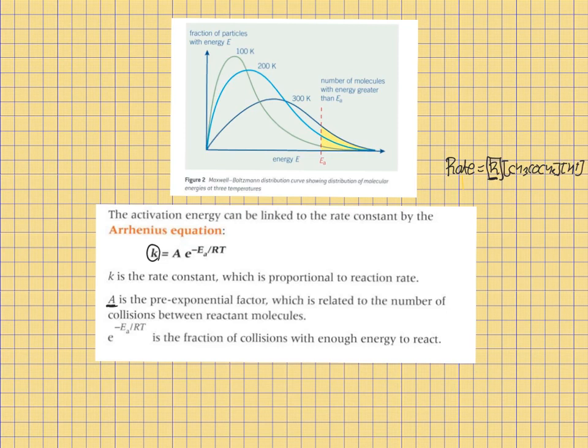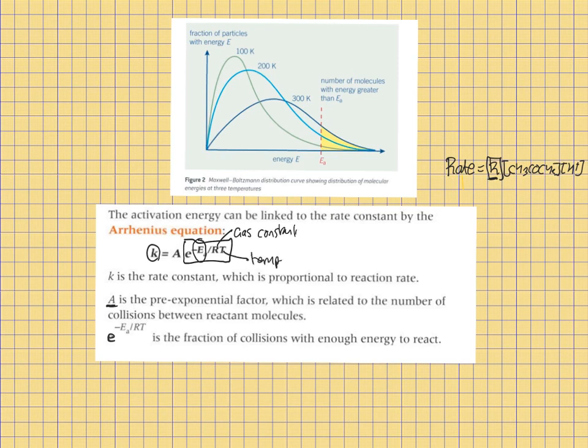And finally, this term here is the exponential factor: e to the power of minus EA over RT, where R is the gas constant, and T is the temperature in Kelvin.